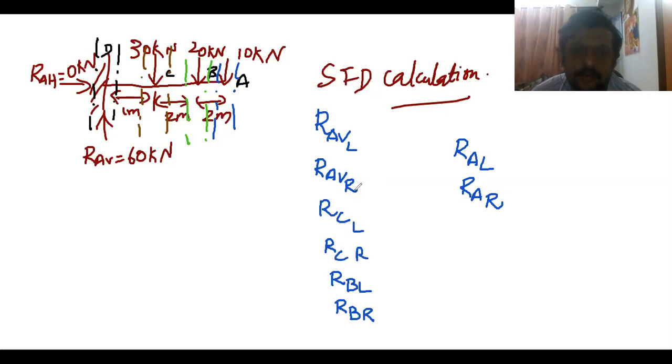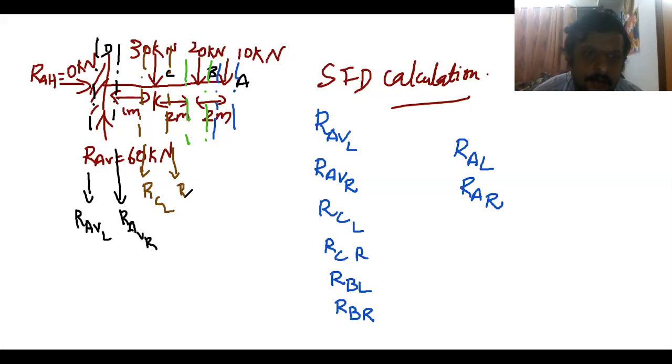So this is your RAV. This is your RAVL, and this is your RAVR, and this is your RCL.